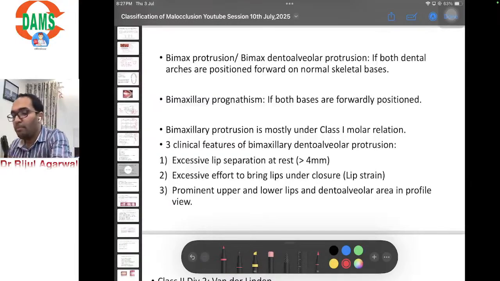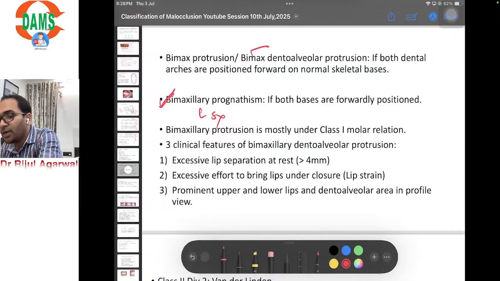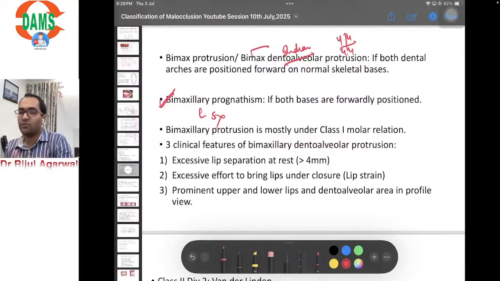Bimaxillary prognathism is mostly seen in the African population, and the treatment is a surgical option only, whereas dental protrusion is mostly seen in the Indian population, for which patients come to you for treatment. The treatment would be simple: all first premolar extraction and retraction of the anterior teeth.